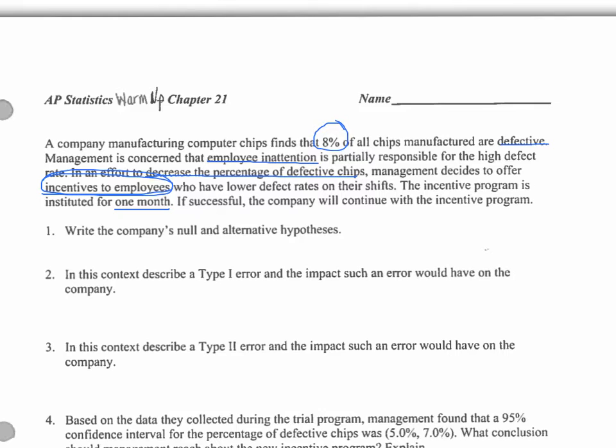All right, so we want to do our null and our alternative hypothesis. And so we'll write that the null, but we probably need to define that P is the proportion of what? Okay, so P is going to be the proportion of the chips that are defective.